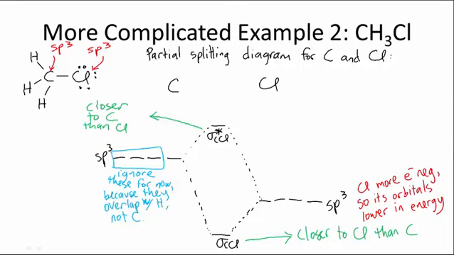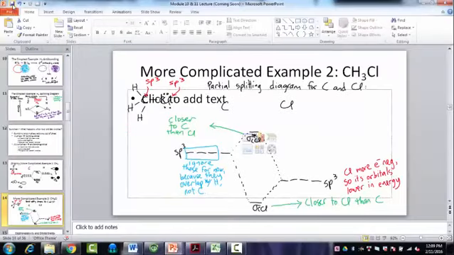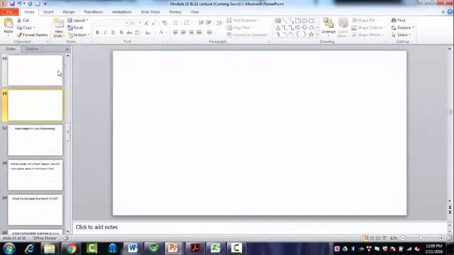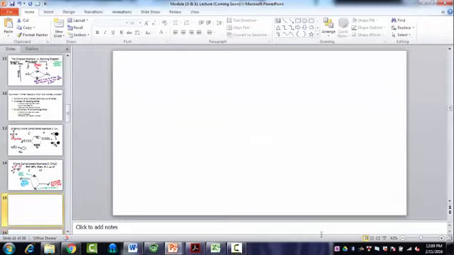What that means is if I were to draw these two orbitals, I think I'm going to have to add space that I didn't include earlier. If I want to draw sigma CCl, really that's going to come from the sp orbital on one overlapping in phase with the sp orbital on the other.